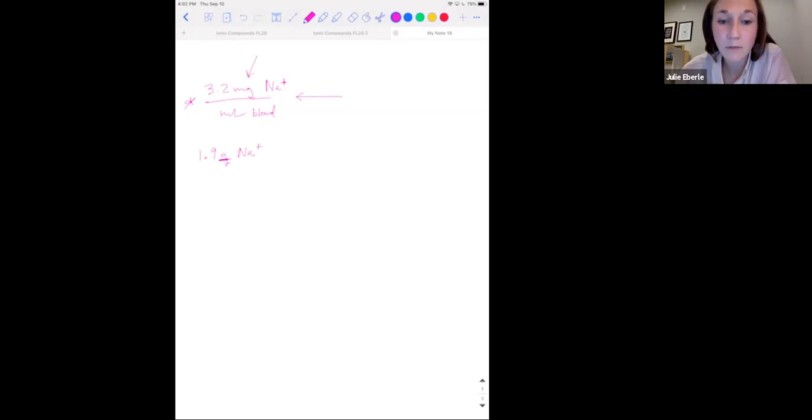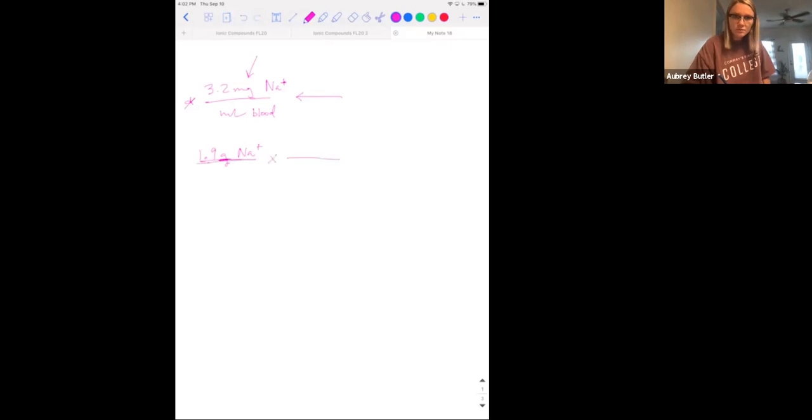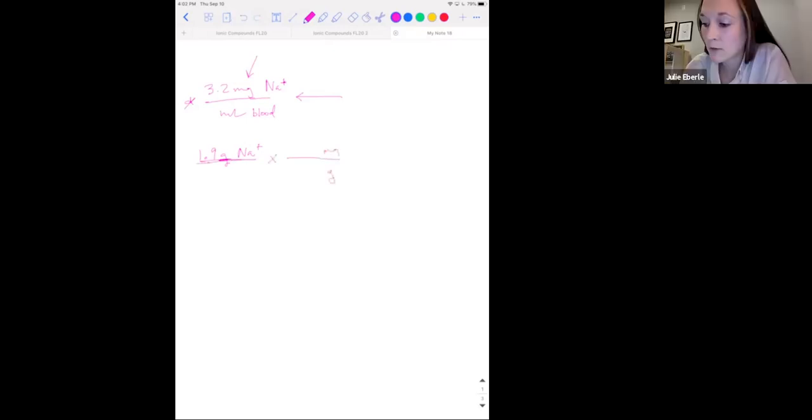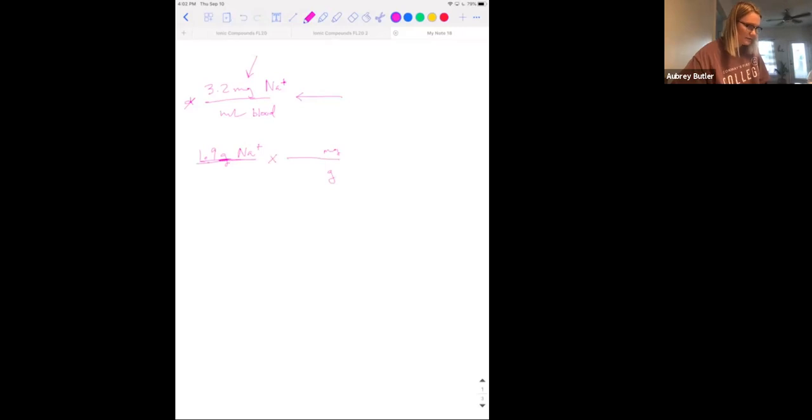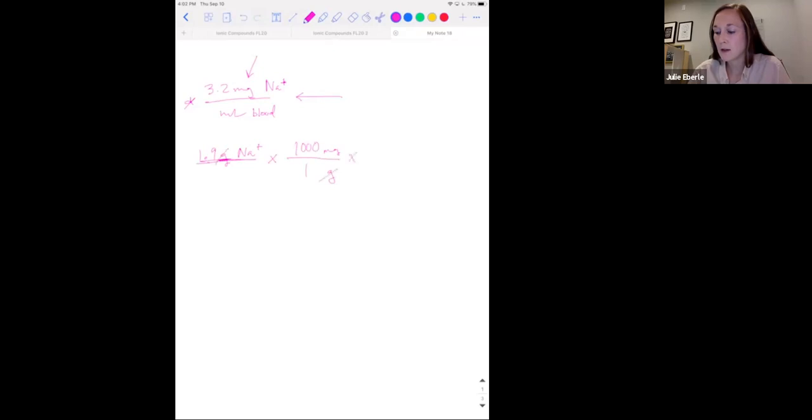You see that? So right now we have grams of sodium. Let's convert to milligrams of sodium. So how do we go from grams to milligrams? Because we want grams to cancel, right? There's 1,000 milligrams in 1 gram. Perfect. All right, so grams will cancel. And now we can use this relationship.